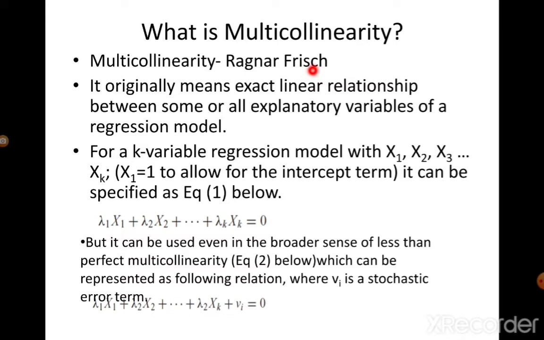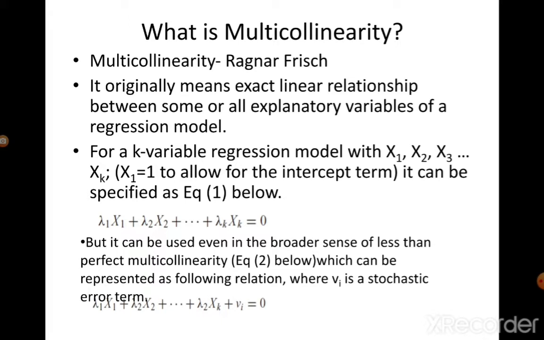He is the same economist who also coined the term macroeconomics for the economics that was forwarded by John Maynard Keynes. Right? So the same Ragnar Frisch also coined the term multicollinearity. Originally, the term is used to denote an exact linear relationship between some or all of the explanatory variables in our regression model.